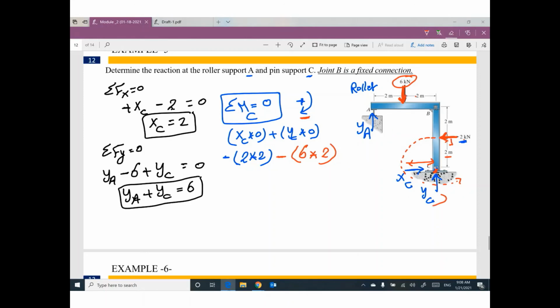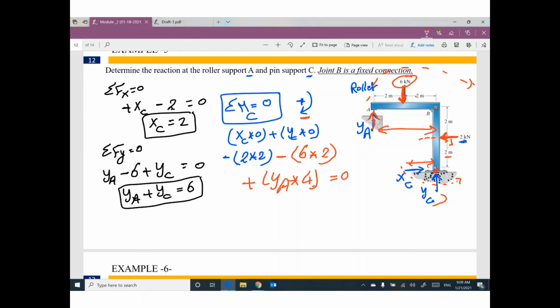Please don't forget any. We have positive YA. This force is vertical, so your distance will be horizontal, 4, the horizontal distance between this force and point C. And it is rotating clockwise, so it's positive.